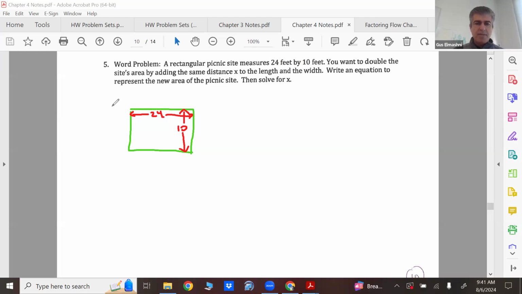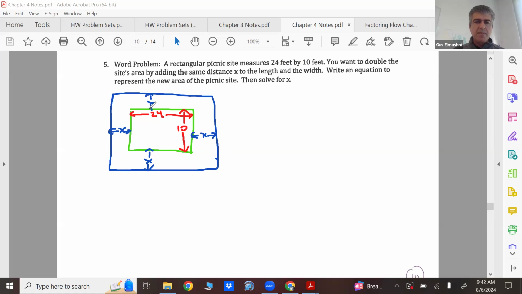You're gonna expand it. So that means that this becomes 2x plus 24.